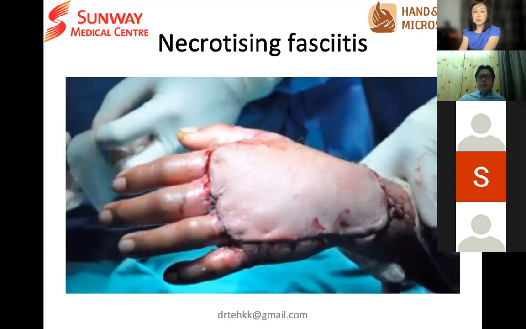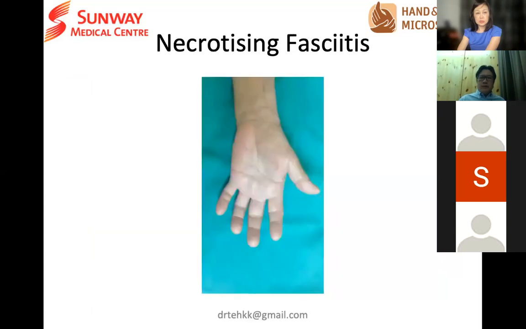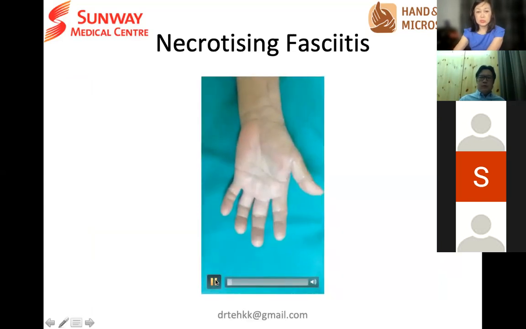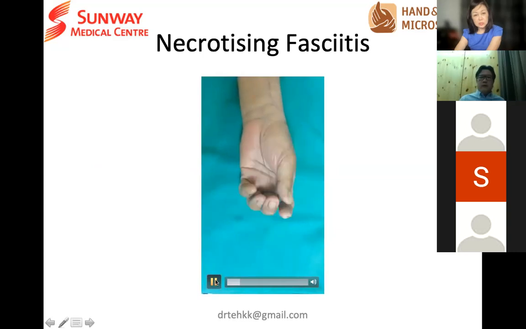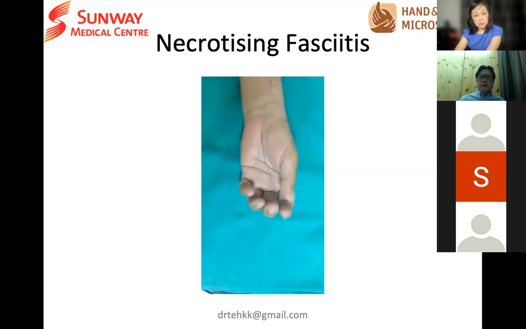Most of the time, patients present late for things like this. Sometimes there's a penetrating injury that the patient didn't notice. So all injuries with signs of infection should be treated aggressively with antibiotics, and sometimes you need to treat them with surgery as well. So this is one of the things that we do to surgically treat this, and you can see there's good motion of the hand.